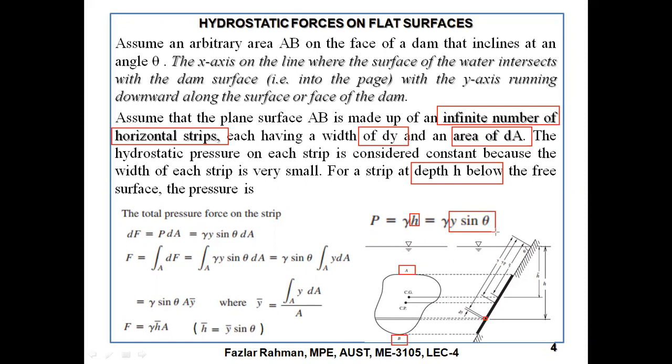Now we figure out how much force is working on that small area. The force equals pressure times area, so dF equals pressure times area. Now P equals gamma y sine theta, or you can write rho g y sine theta, because gamma equals rho g.